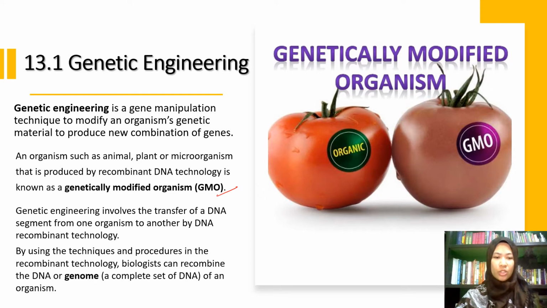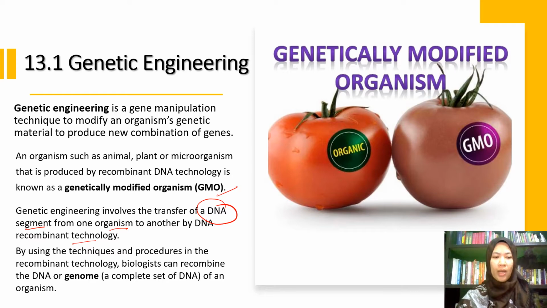Genetic engineering involves the transfer of a DNA segment or genes from one organism to another by recombinant DNA technology. This technology will combine DNA from one organism to another organism, producing recombinant DNA.